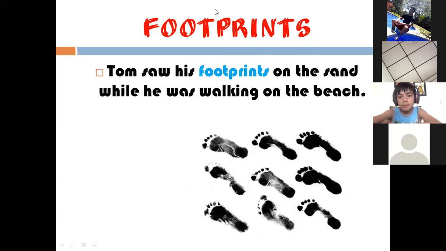Okay, Valeria Martinez, thank you. I put my fingerprints on my phone. Yes, it's very common. When you are using your phone, the fingerprints are there. Good. So the example says, Tom saw his footprints on the sand.